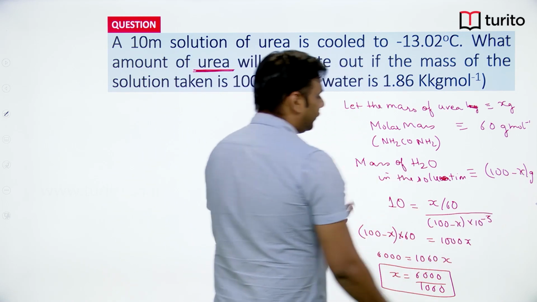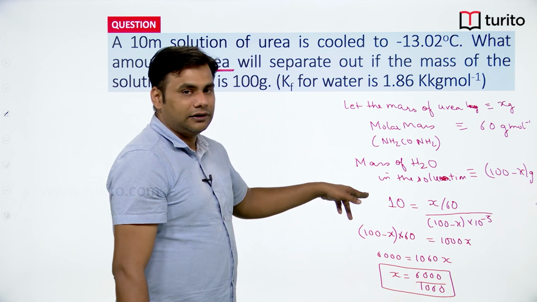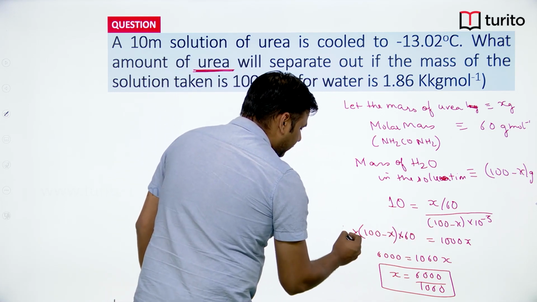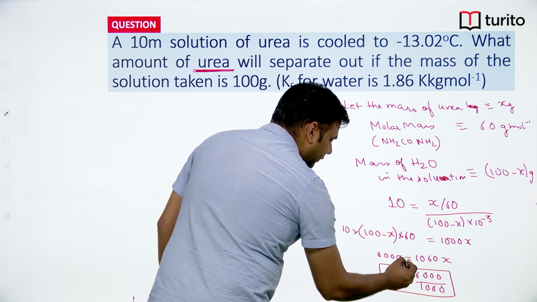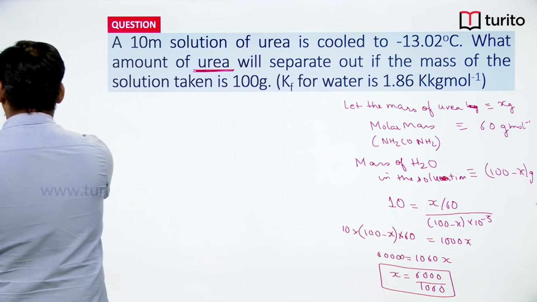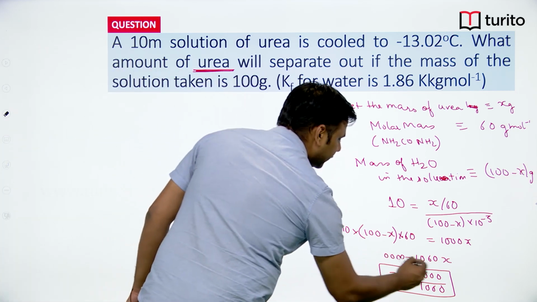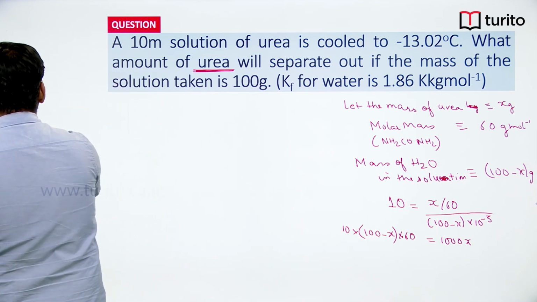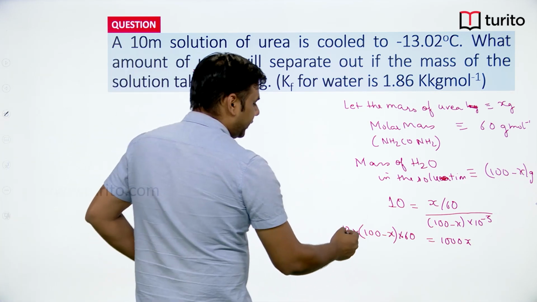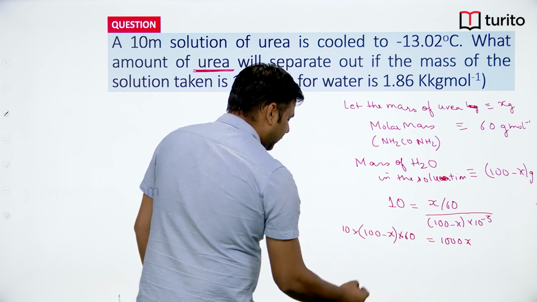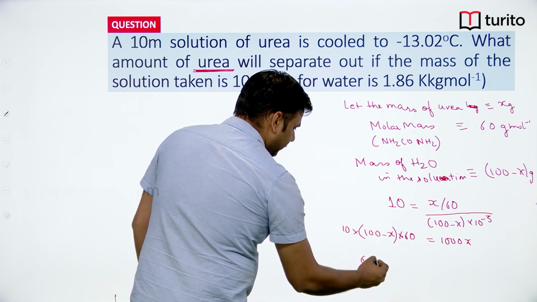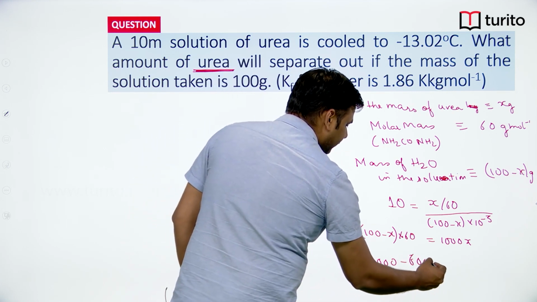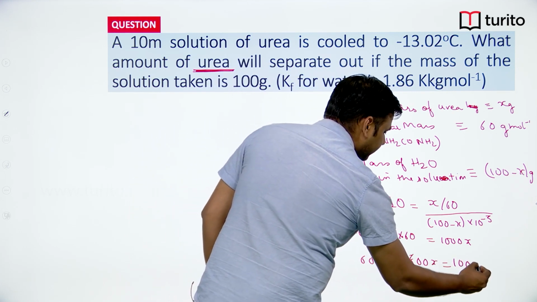Molality was given as 10, so we are just taking this over here. There is a 10 over here. I have missed that, so this would be 60,000. Let me change this. So this is basically 1000 into 60, minus 600x equals 1000x.